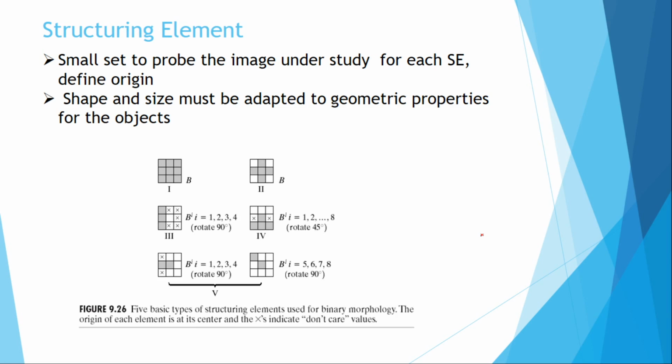So what is the structuring element? The structuring element is one type of image probe that can be used for manipulation of the image. It is normally indicated by the letters SE.